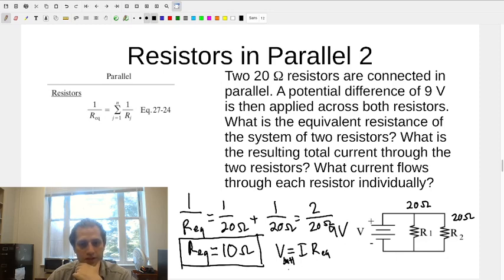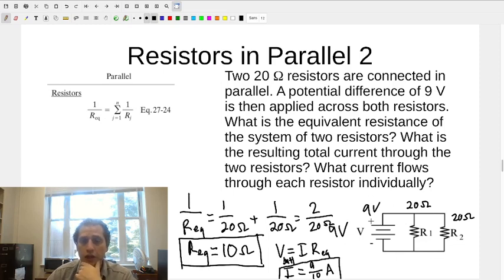So in that case, your I total would be your 9 volts over this 10 ohms, 9/10 amps.